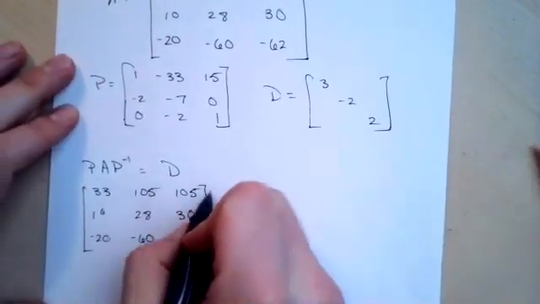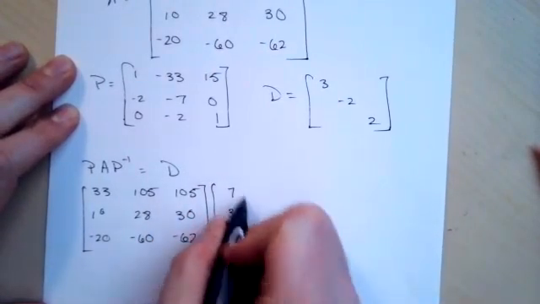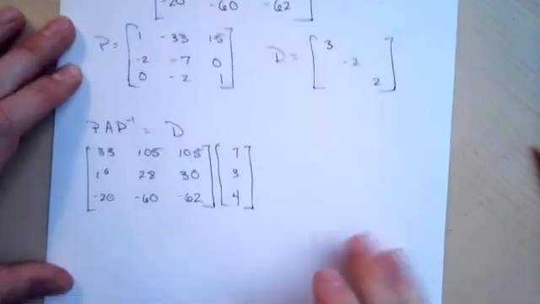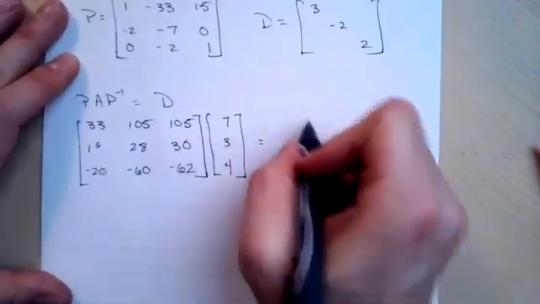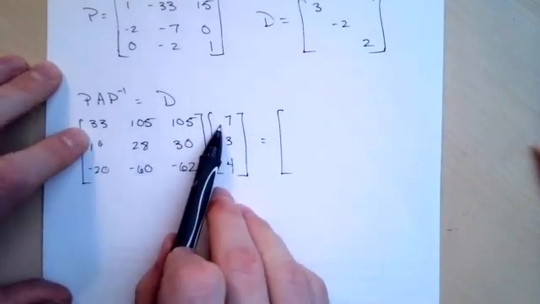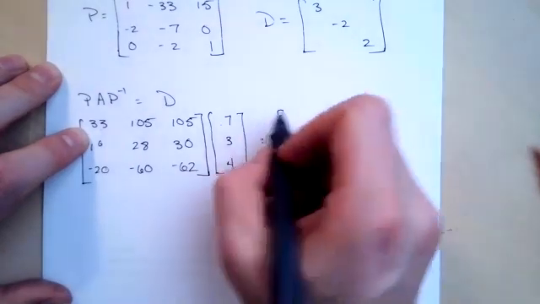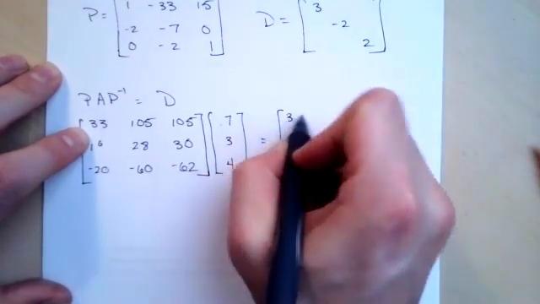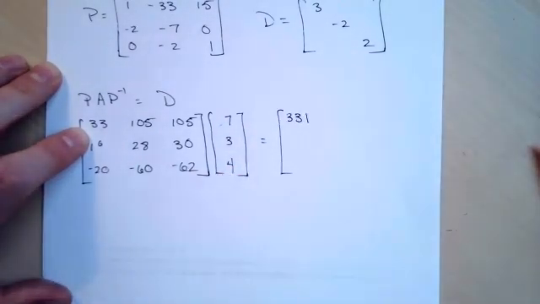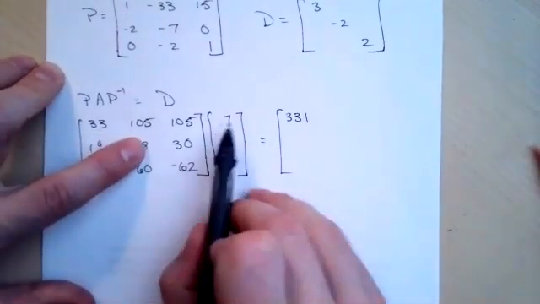So this is our matrix A, and if we act on the first column, our 7, 3, and 4, what are we going to get? We're going to have some arithmetic to do here. Let's see. 3 times 7 gives me 210 and 21. Excuse me, so 231. And please check me if I do any of these multiplications wrong.